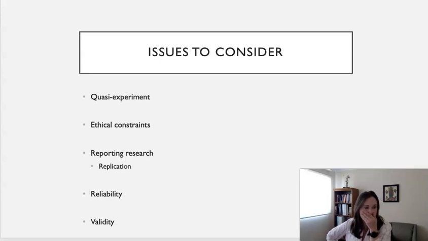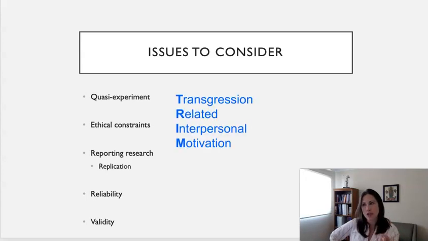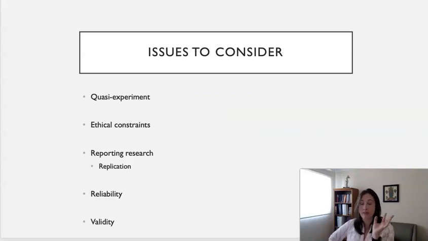For example, in my study, I used a scale to measure unforgiveness. It's called the TRIM, transgression related, oh gosh, I can't remember. Anyways, it's called the TRIM 18. It measures unforgiveness levels.